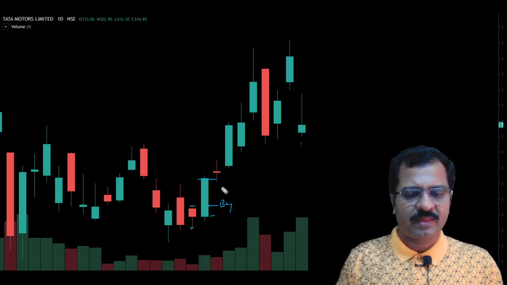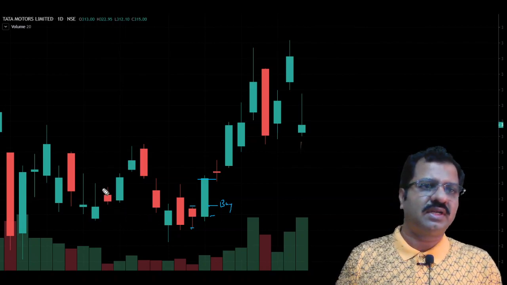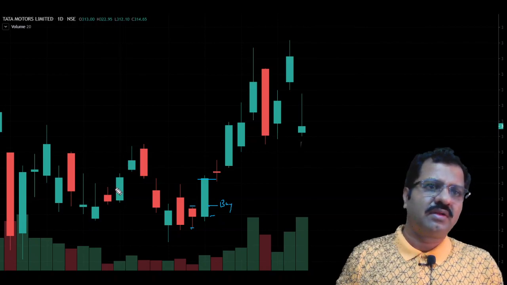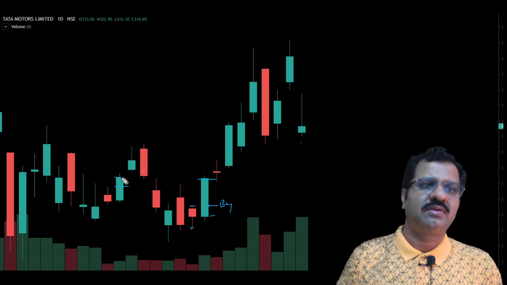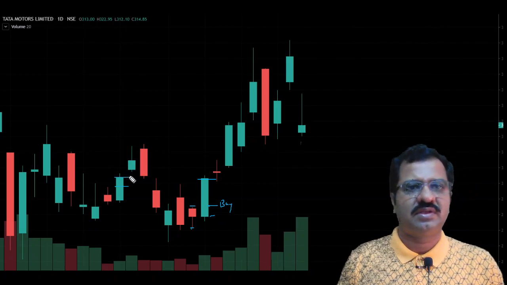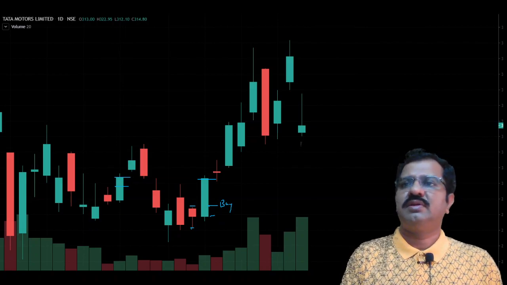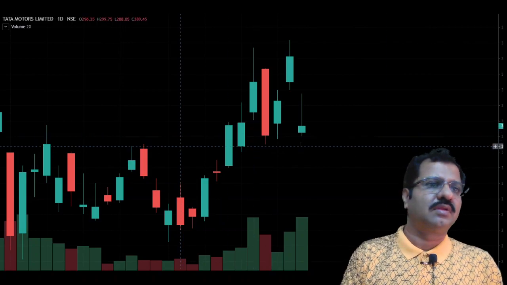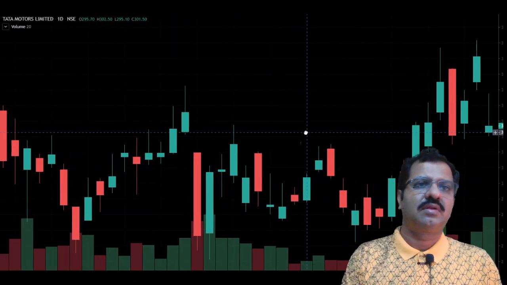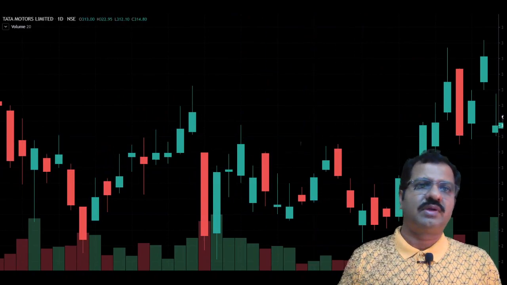This is a success. See here, this is an inside candle, a small candle, price opened here, you have to buy here and here you are exiting somewhere at 315. We'll go backward. See here you have one more.